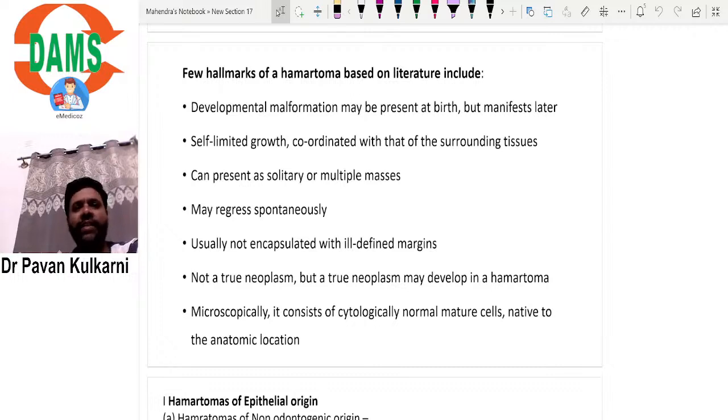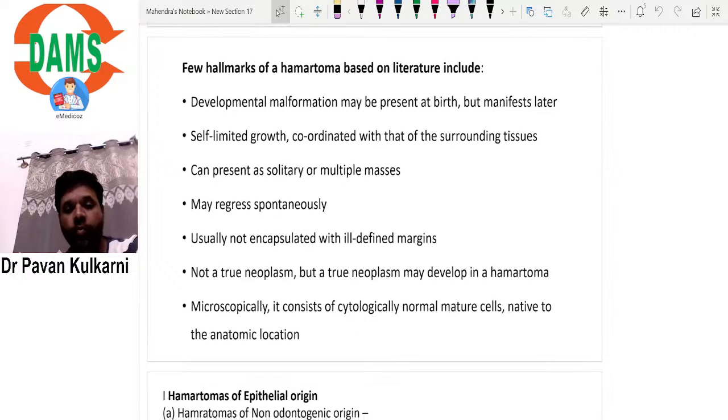That means they might not usually require treatment, but some hamartomas might require it. For example, junctional nevi, because it is very risky and dangerous. It has a high risk of getting converted into melanoma. So obviously, surgical excision is mandatory for junctional nevi.